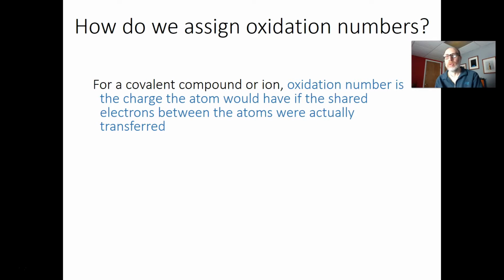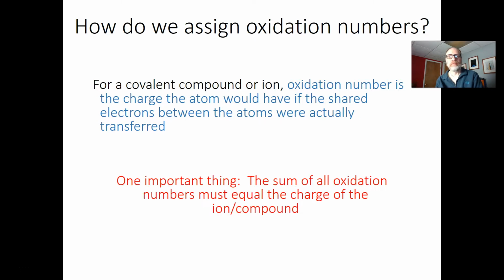I should just read the screen, but I hate reading the slide. It's the charge the atom would have if the electrons, instead of being shared, were fully transferred from one to another. And so, in some way, it's a way for us to measure which atoms have the electrons and do not have the electrons in a covalent compound.